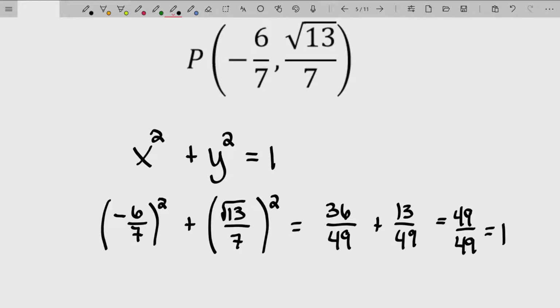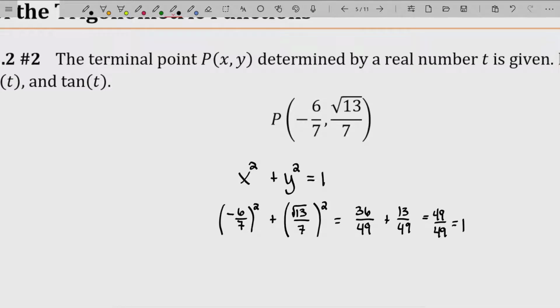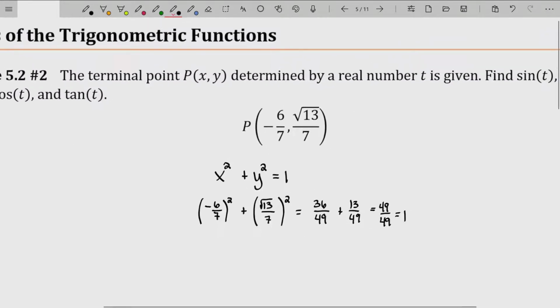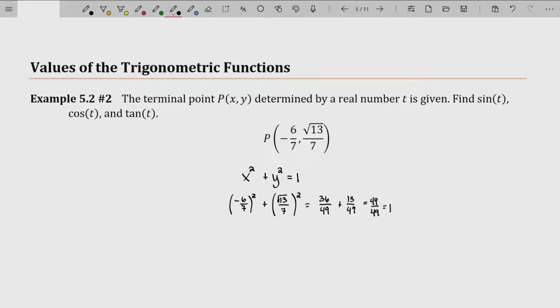I just wanted to do that because what if it wasn't on the unit circle? Well, then we would have to use the alternative definition of trigonometric functions, where the sine, instead of being the y value, would be the y value over the radius of our brand new circle, which is not unit. But in this case, it is unit, so I get to do that.